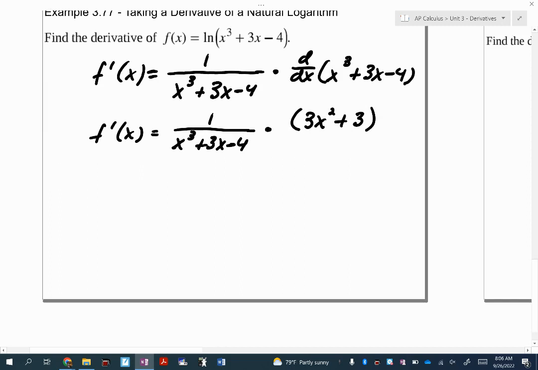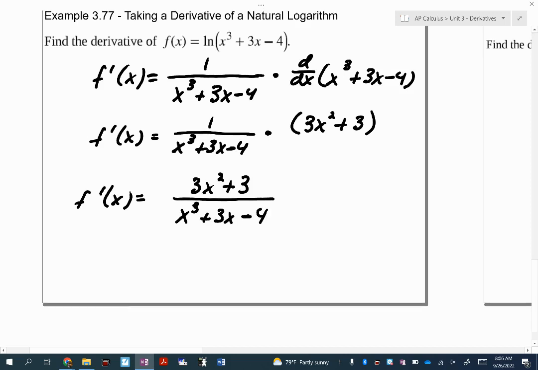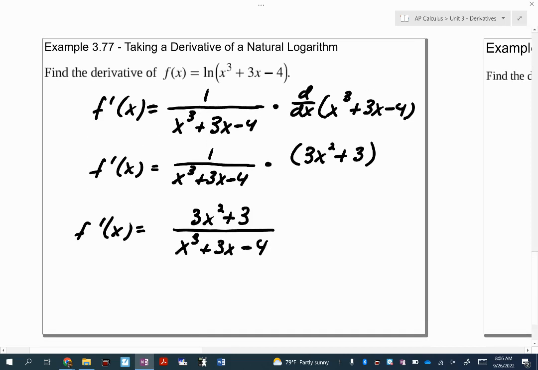All right, so to write this as my answer, I'm just going to put that derivative, 3x squared plus 3, in the numerator. Okay, and so that's it. That's one of the more basic ways that you could do this.